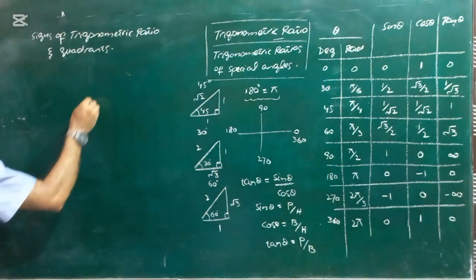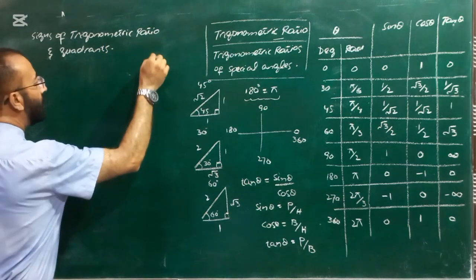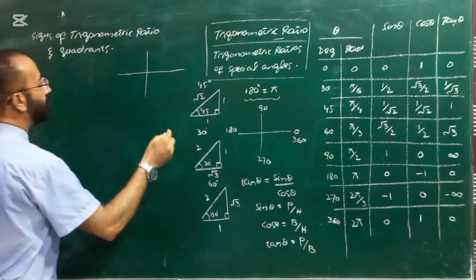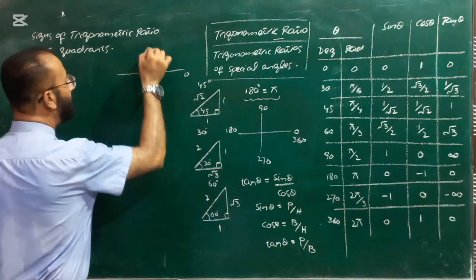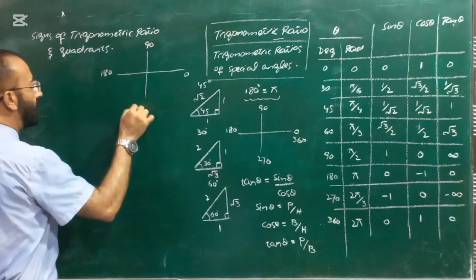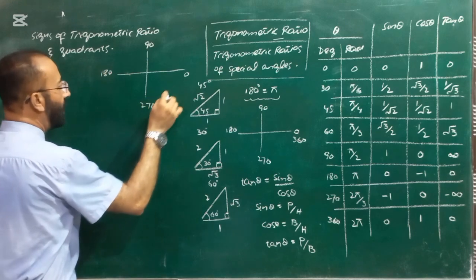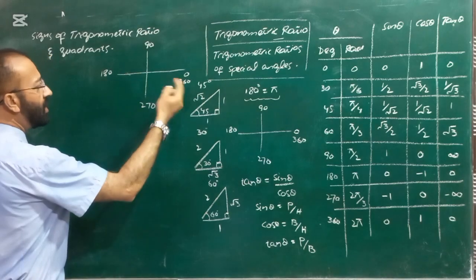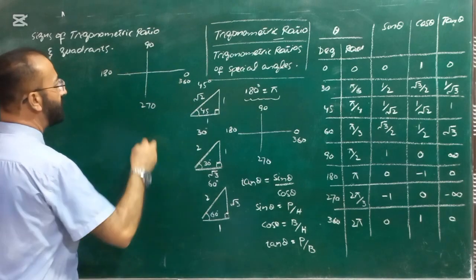So concentrate yourself now. So the thing is, here are 4 quadrants. This is 0 degree, this is 90, 180, 270, and again 360 degree. So 0 degree is called 0 in radian mode as well.